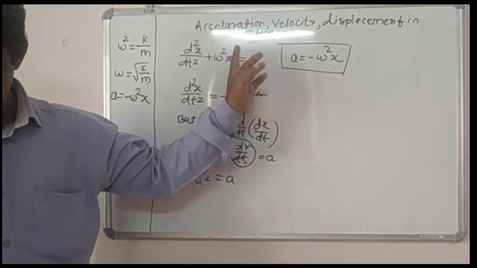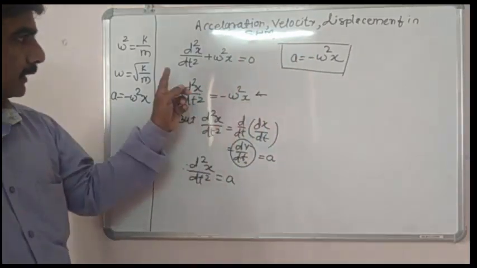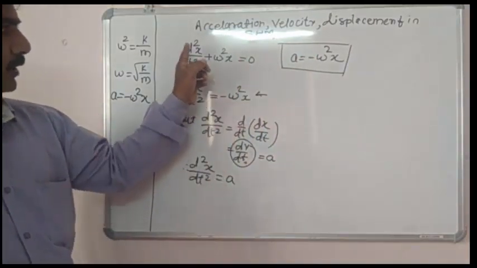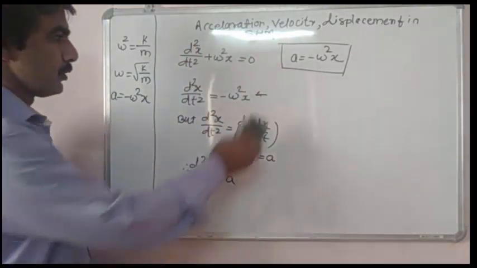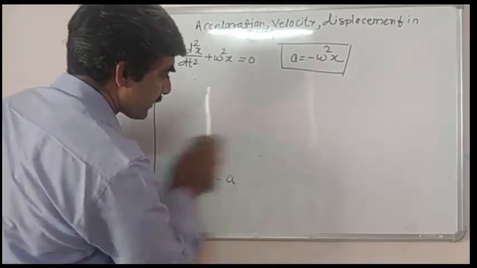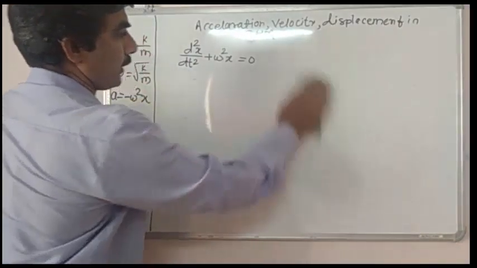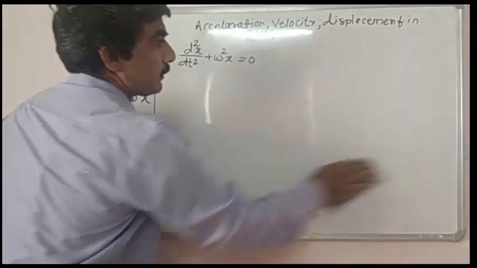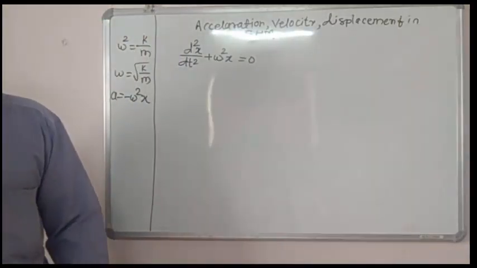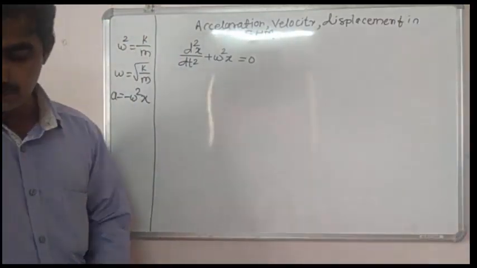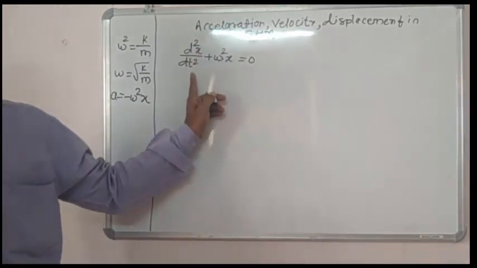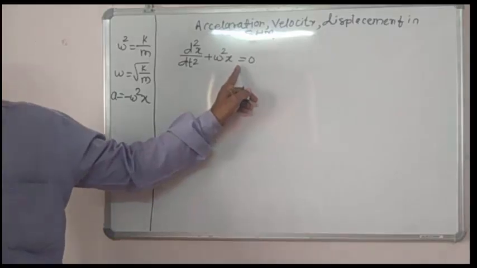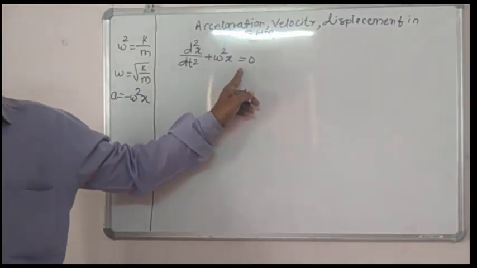Now for velocity v, we use the same equation d2x by dt square plus omega square x equal to 0. But we have to modify this equation for velocity. Now see how the derivation for velocity goes. The differential equation is d2x by dt square plus omega square x equal to 0.